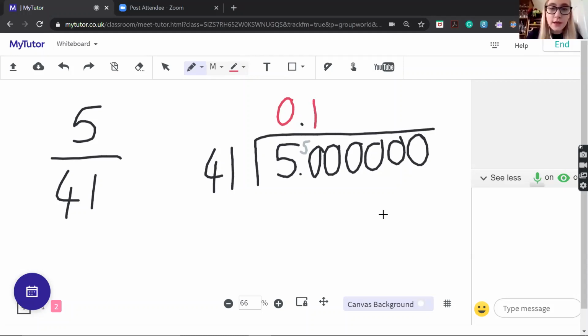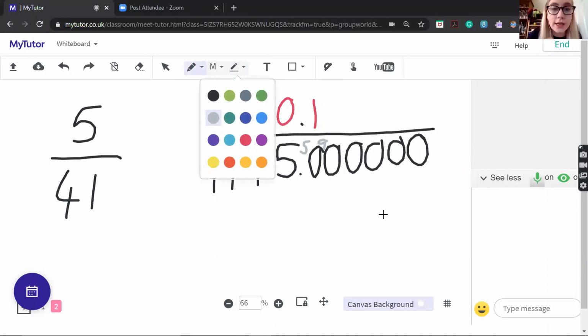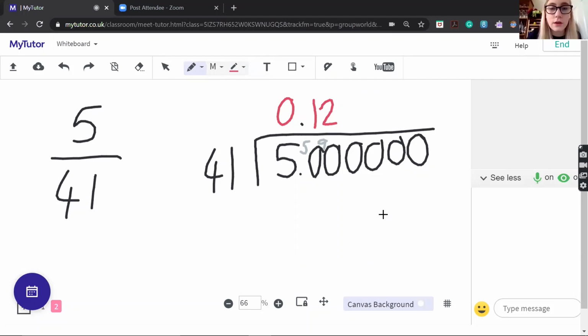So we put the 1 here, and there's a remainder of 9. So now we're looking here at 41s into 90, which you can see goes in twice. So 2 lots of 41 gets us up to 82. So it goes twice, and then gives us a remainder of 8. So we'll put that in.